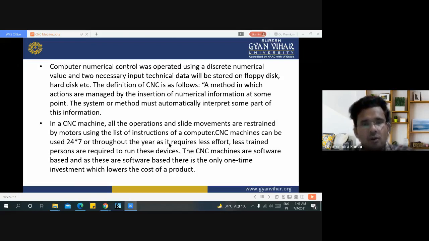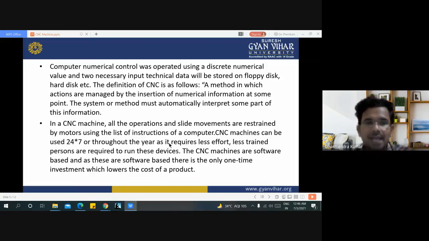The system or method must automatically interpret some part of this information. In a CNC machine, all the operations and slide movements are restrained by motors using the list of instructions of the computer.